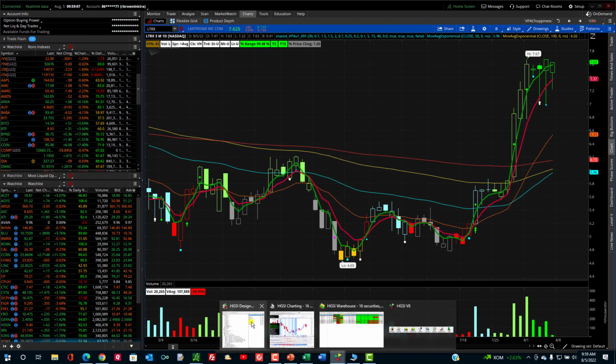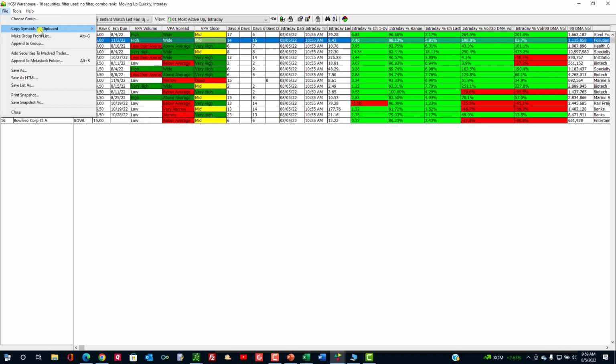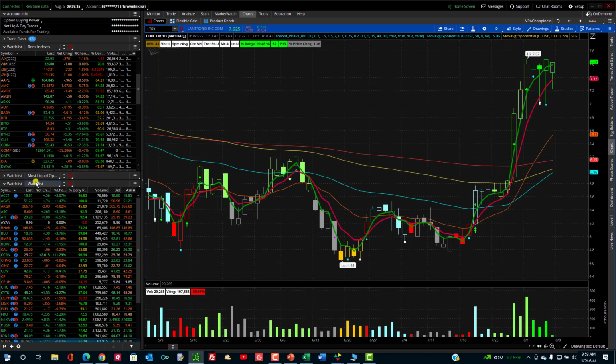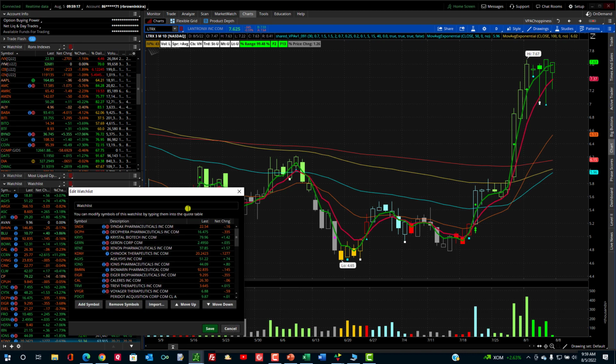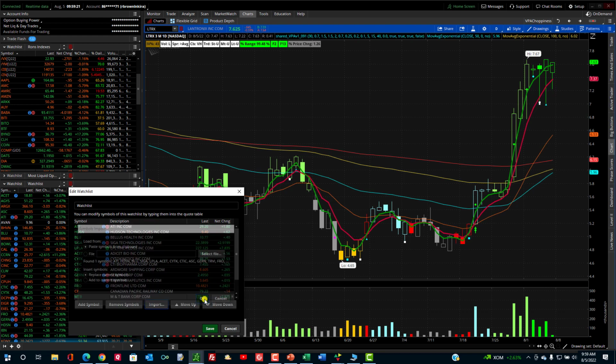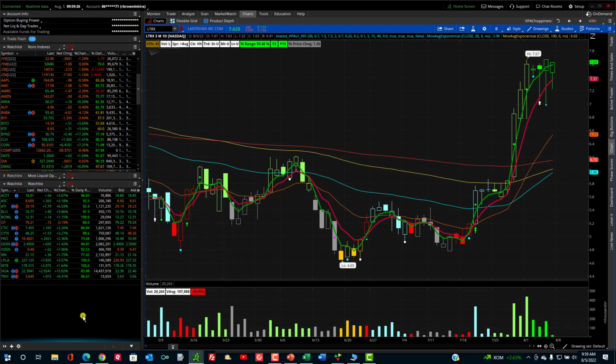You know what? I think I didn't. Gonna go back, try this again. Copy symbols to clipboard. Maybe I didn't get that done. I'm going to try it one more time because I edit watch list, import, paste, replace, save. There we go. There's the 16 stocks right there. I didn't get them copied to my clipboard.